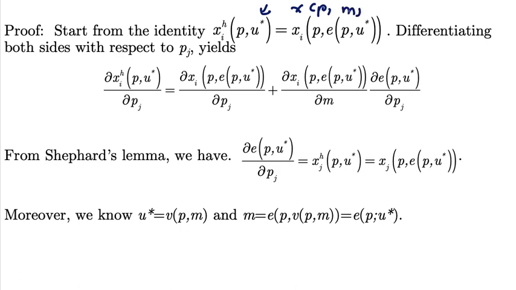Because one thing you need to understand is that when we reach the optimal level of utility, the one that gives us the maximum utility, whatever we spend is equivalent to income. We don't spend less, we don't spend more.